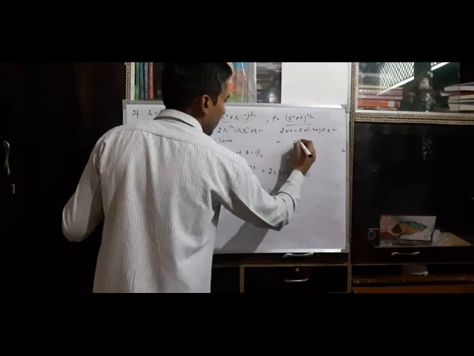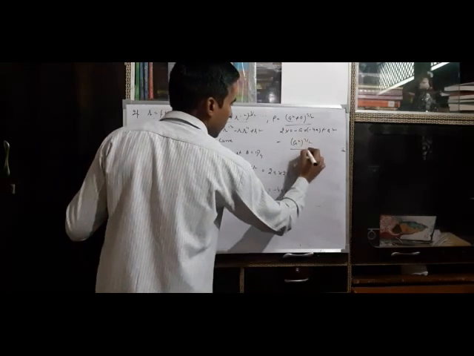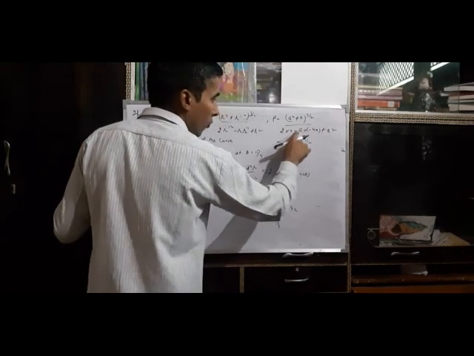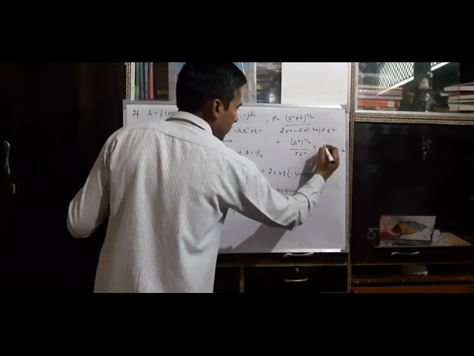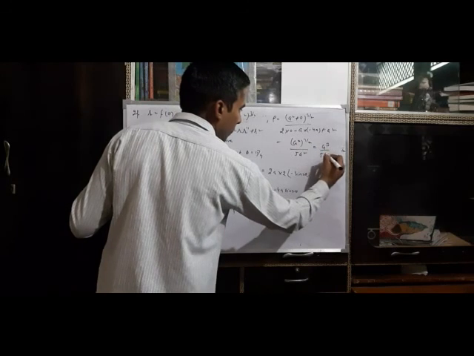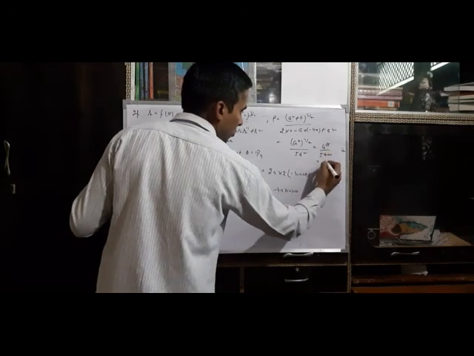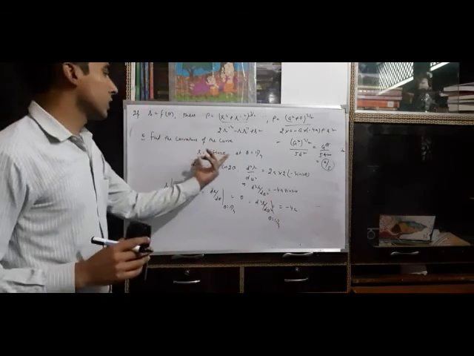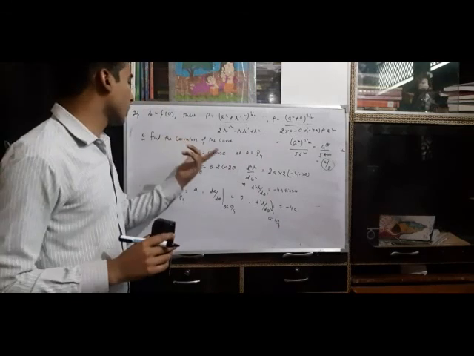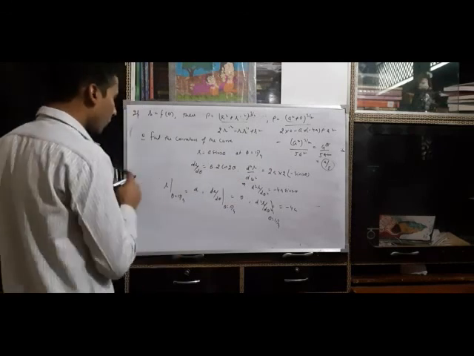So we get a square raised to power 3 by 2, and this expression gives 4a square plus a square, 5a square, and the 2s cancel, it gives a cube upon 5a square. So this gives a by 5. So the radius of curvature of this curve is a by 5.